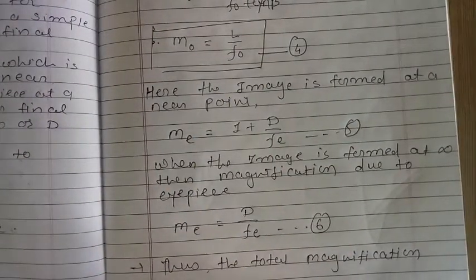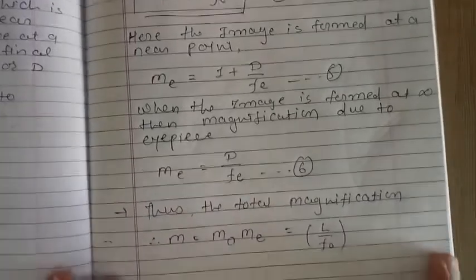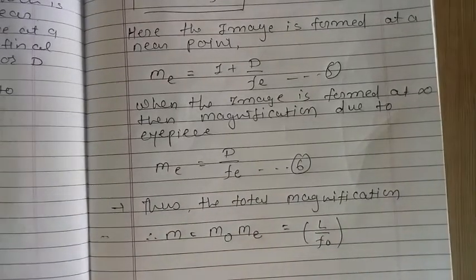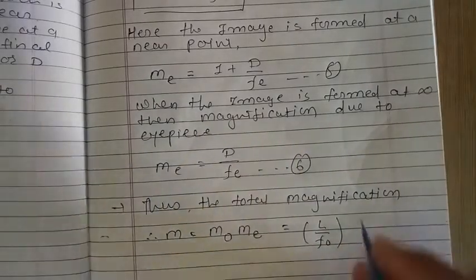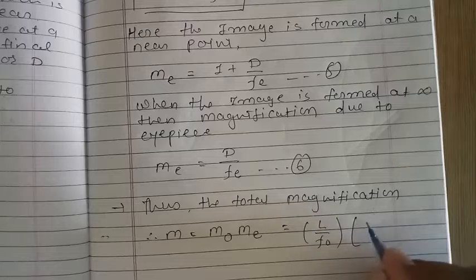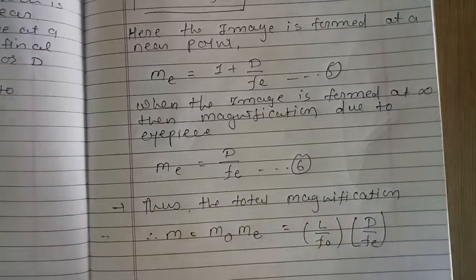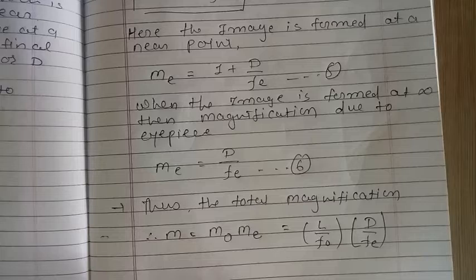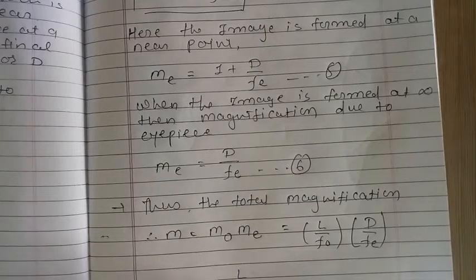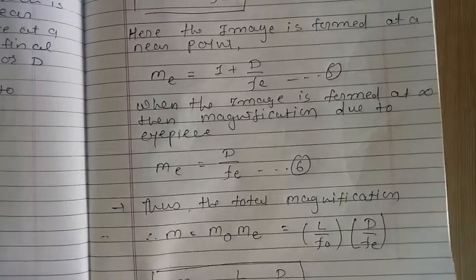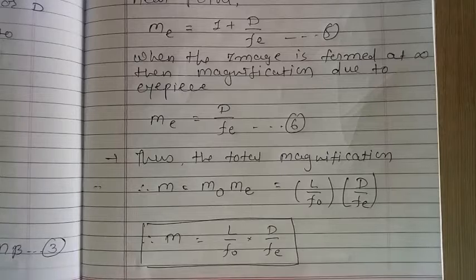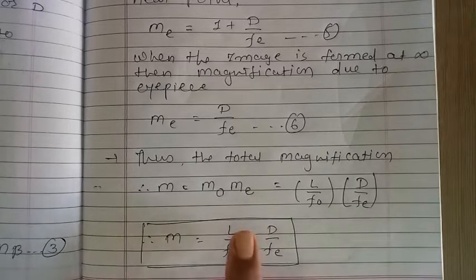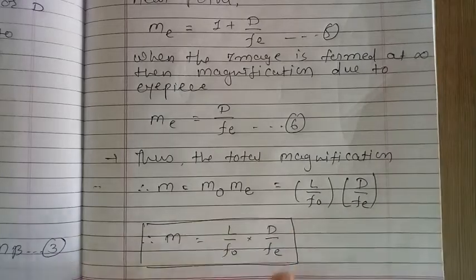And for the eyepiece, suppose the image is formed at infinity, so M is equal to D by FE, right? So our final formula is M is equal to L by FO into D by FE. Remember, friends, the magnification for the compound microscope is M equal to L by FO into D by FE.